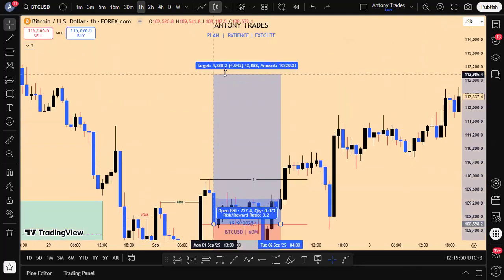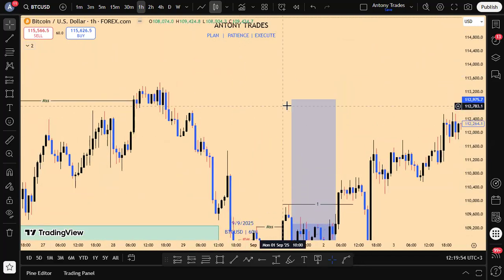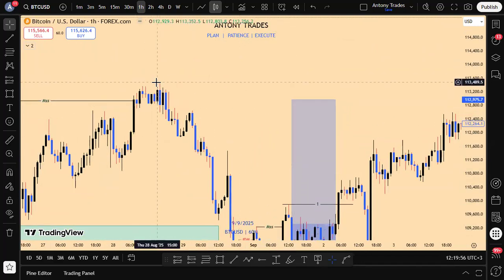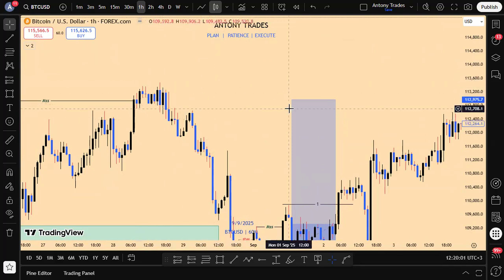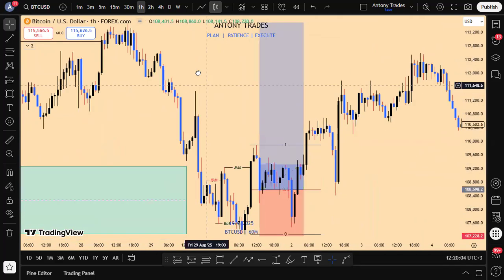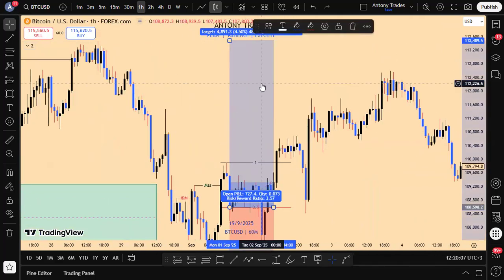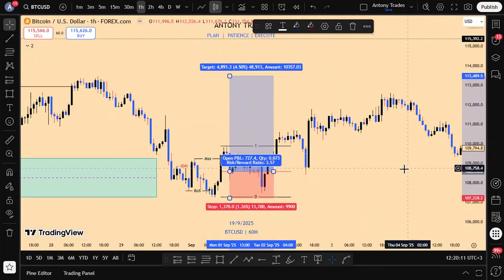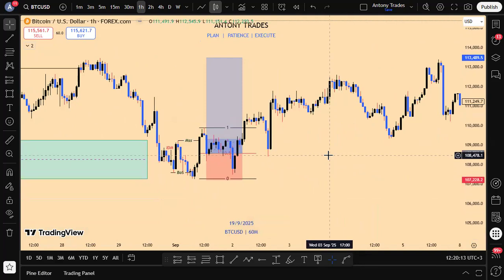Then what is your target? 1:3. You can target like 1:3 like that. Because now this 1:3 is somehow close to this eye. You can target this eye like this. This trade would give you like 3.57 is to 1.